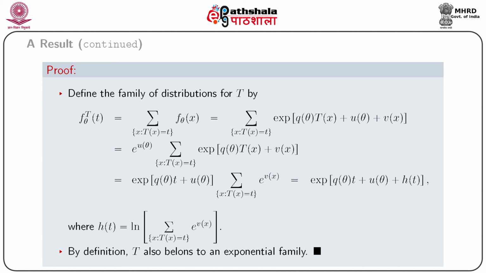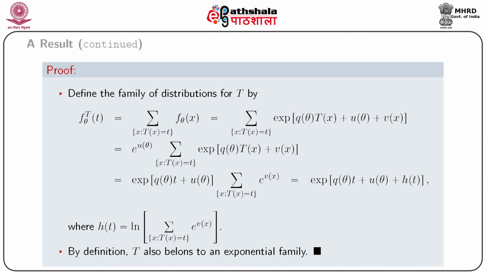Now the PMF of T is given by g_θ(t) = summation over x such that T(x) = t of f_θ(x), which is equal to e^(u(θ)) times summation over x such that T(x) = t of e^(q(θ)T(x) + v(x)), which is equal to e^(u(θ)) e^(q(θ)t) times summation over x such that T(x) = t of e^(v(x)).